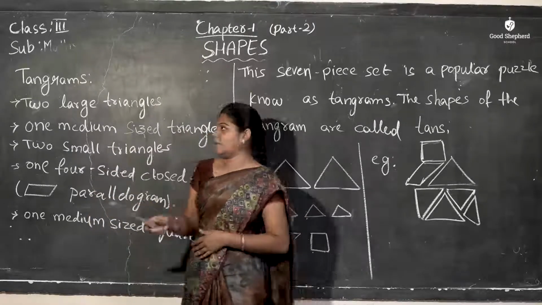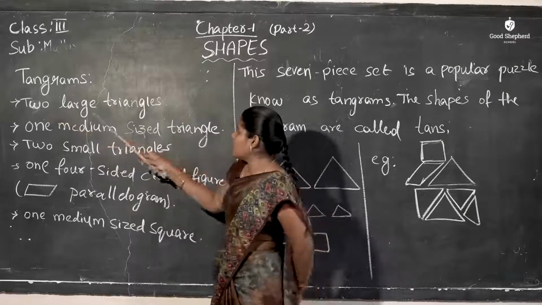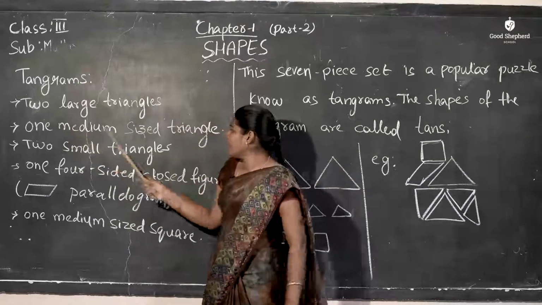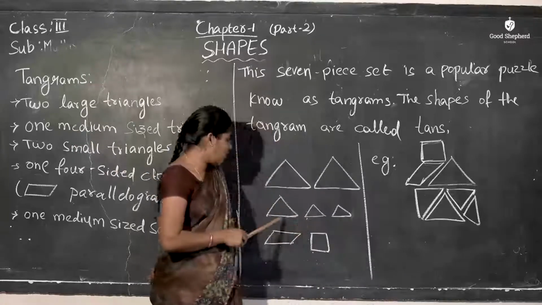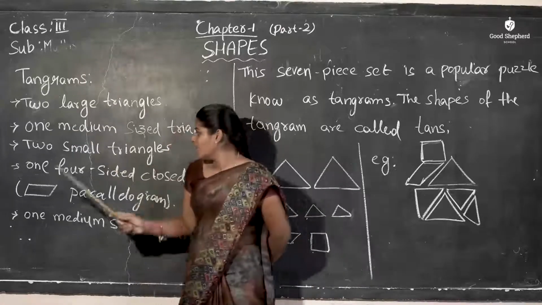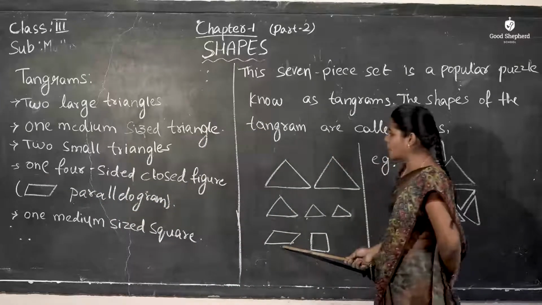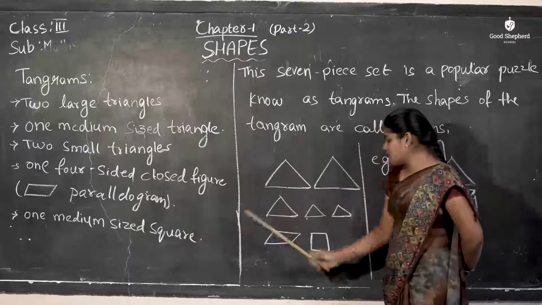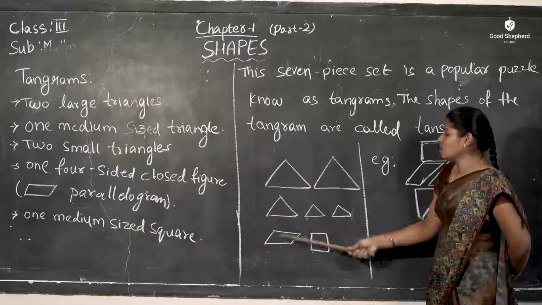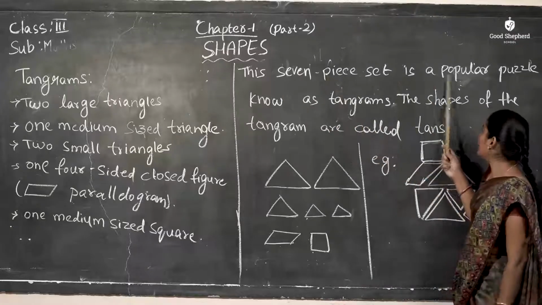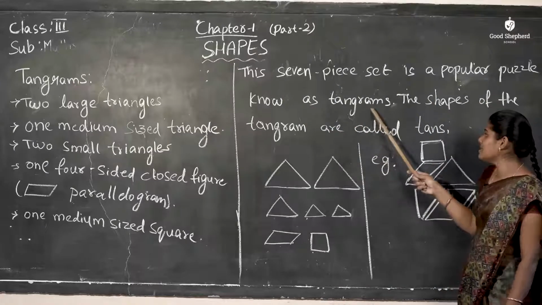Once again I will explain. Tangrams: 2 large triangles, 1 medium sized triangle, 1 four-sided closed figure, here it is a parallelogram, and 1 medium sized square. So, these 7 shapes are called tangrams. This 7-piece set is a popular puzzle known as tangram.